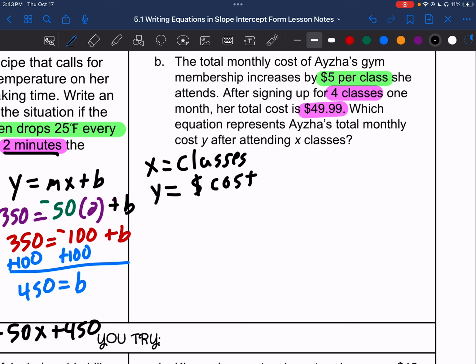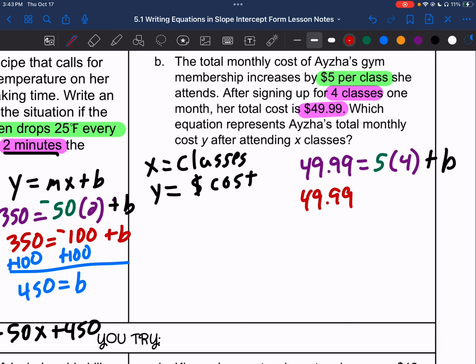So I'm going to substitute in the values that I know. $49.99 is equal to my rate, 5, times the number of classes, 4, plus our starting amount, b. First thing we do, we need to multiply. 5 times 4 is 20 plus b, and then we subtract 20 from both sides.